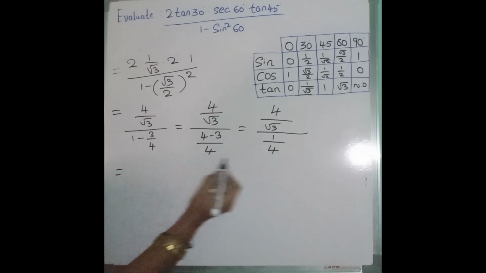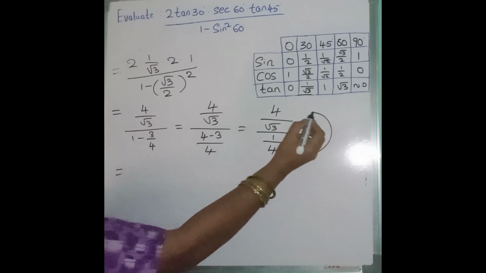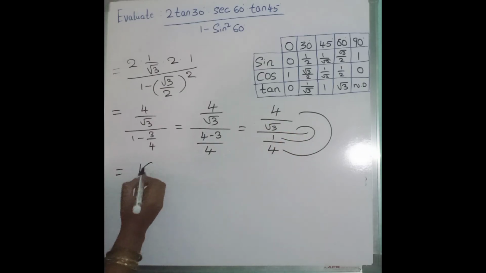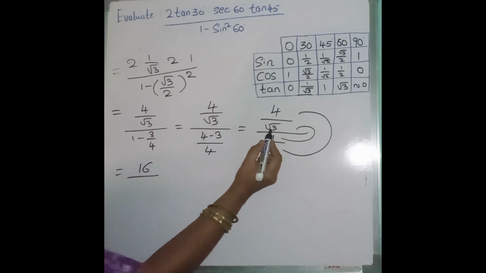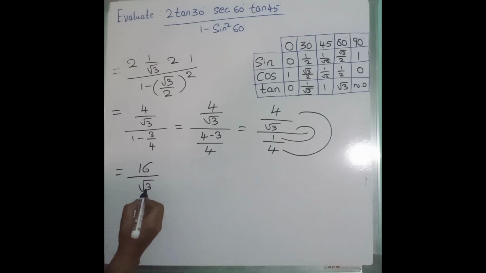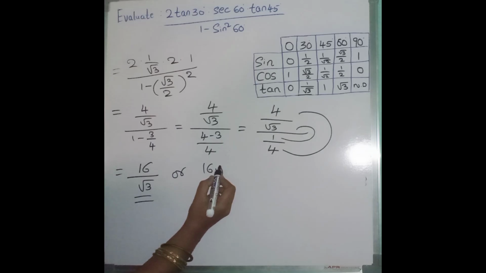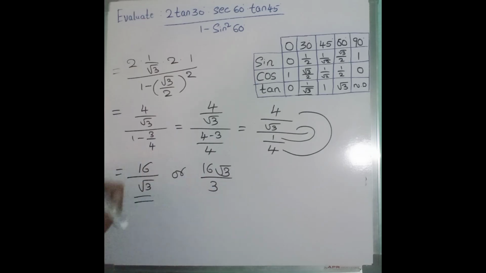That is, this 4 should be multiplied here, this 1 is multiplied here. 4 4s are 16. Root 3 into 1 is root 3. 16 divided by root 3 gives 16 root 3, divided by 3.